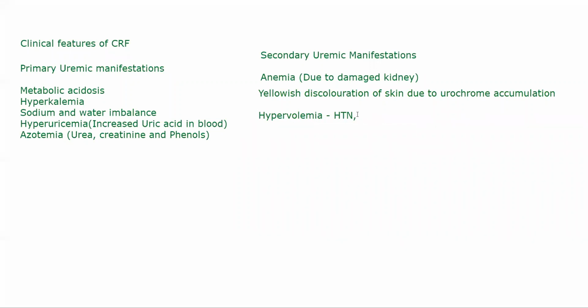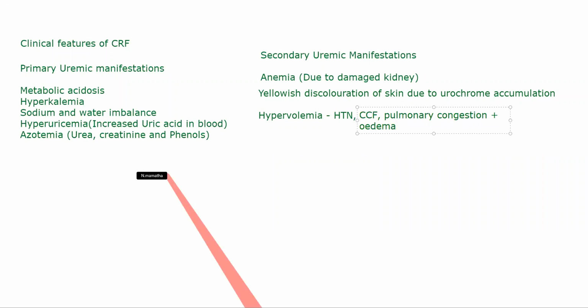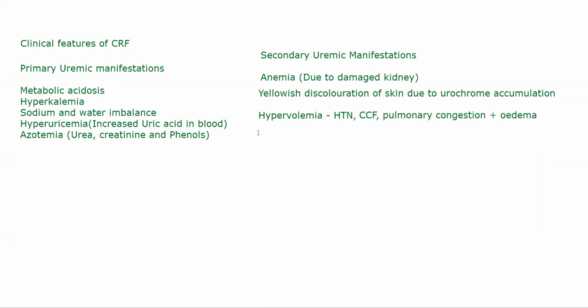So along with systemic hypertension, the patient will develop congestive cardiac failure or congestive heart failure, and they will have pulmonary congestion plus edema, edema inside your lungs. Those are the effects of hypervolemia.